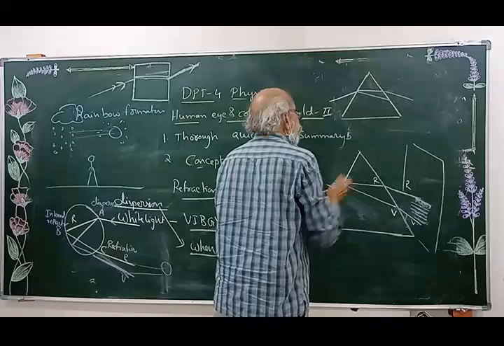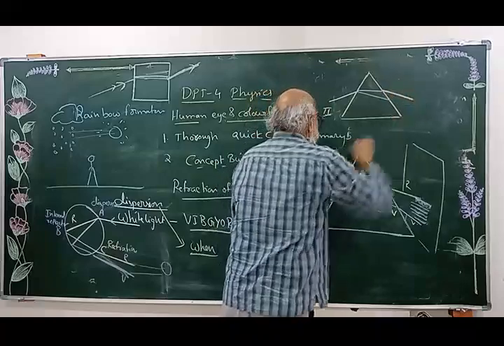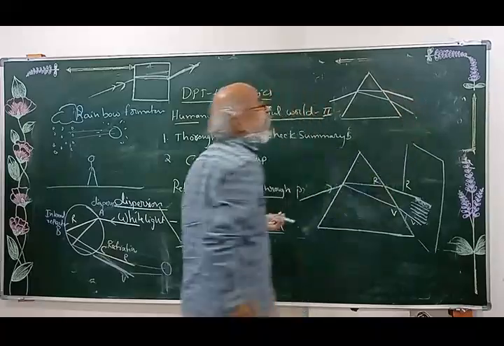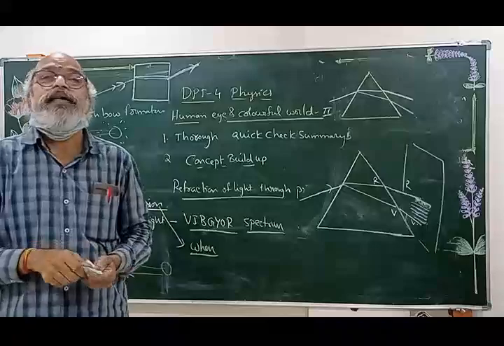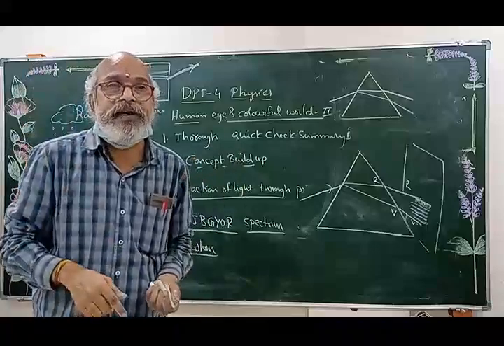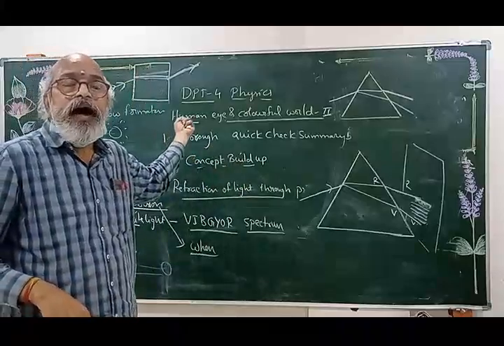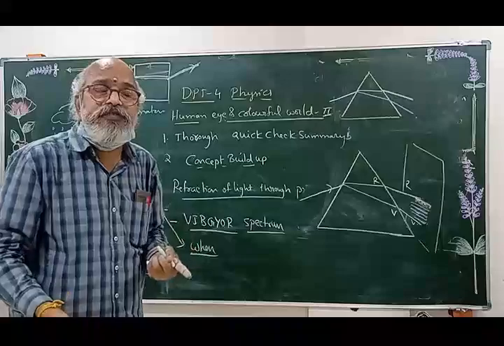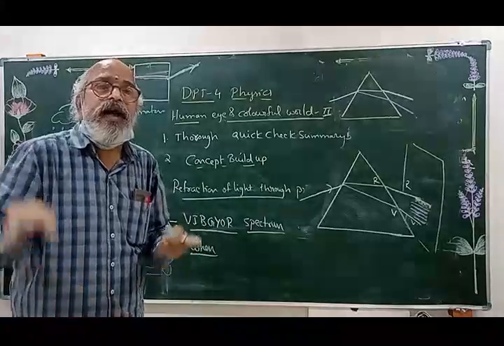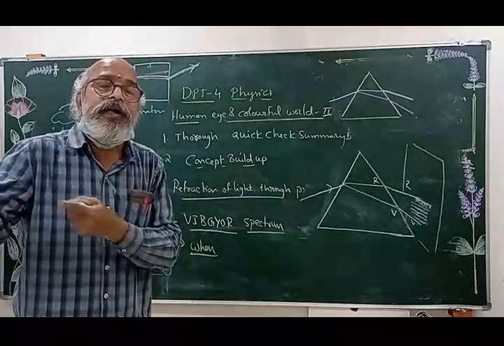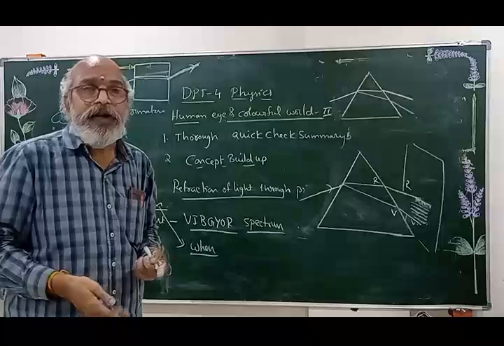They will come out in a separated manner only. They won't get the same lateral displacement. We can view the dispersed, separated colors. But in a glass slab, it is not possible. After dispersion at the first surface, at the second surface all will attain the same lateral displacement and come out. The emergent ray will again be white light only.